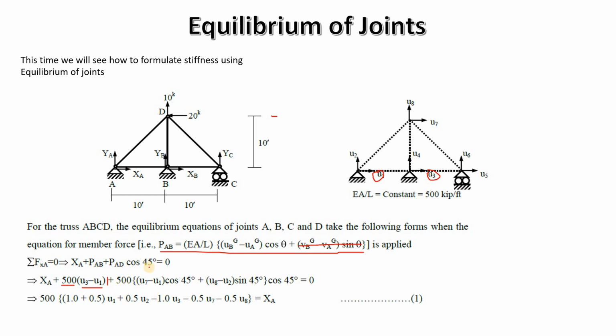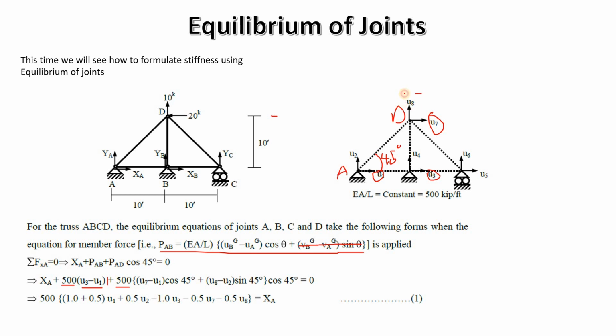So for PAD, we have EA by L, 500, then we have UB minus UA, which is U7 minus U1. This is U7 at joint D, and at joint A we have U1, so U7 minus U1, then cos 45 degrees because this angle is 45 degrees. Right after that we have U8 minus U2.